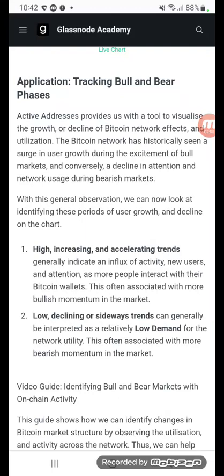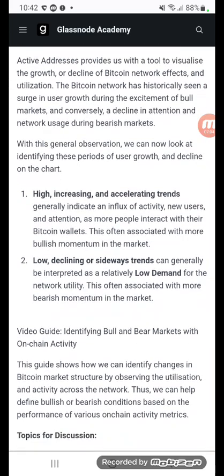Applying bull and bear phases to the chart provides us with a tool to visualize the growth or decline of Bitcoin network effect and utilization.